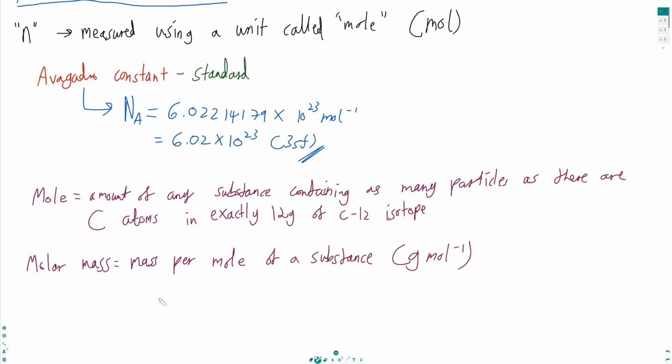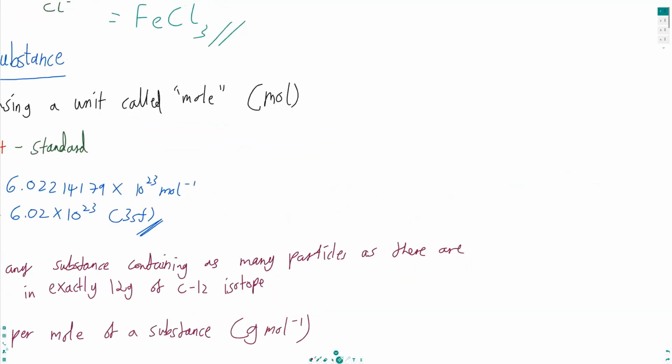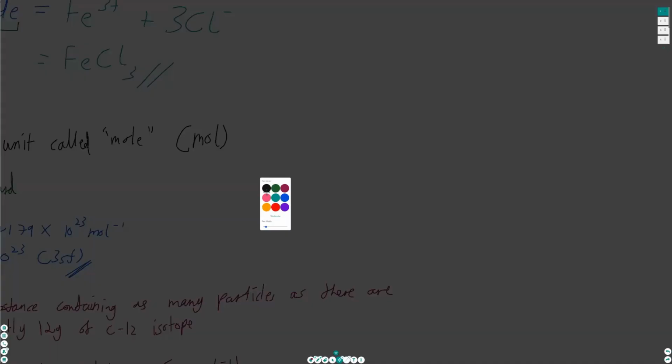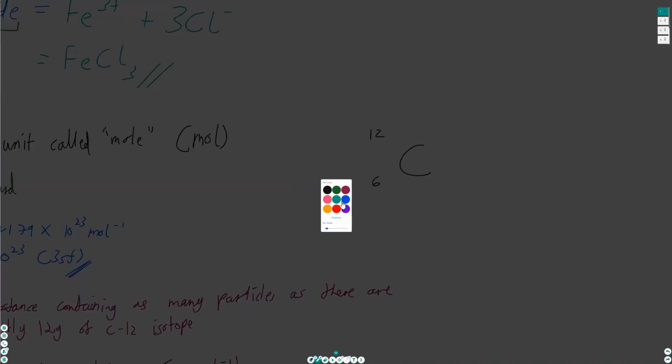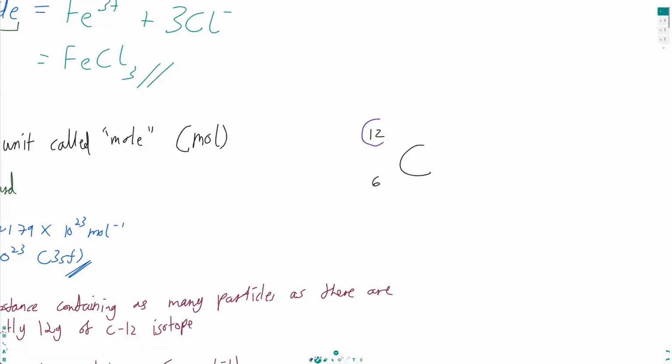So if we look at the carbon-12 square in the periodic table, you may remember from the very first video we talked about that this is our mass number.